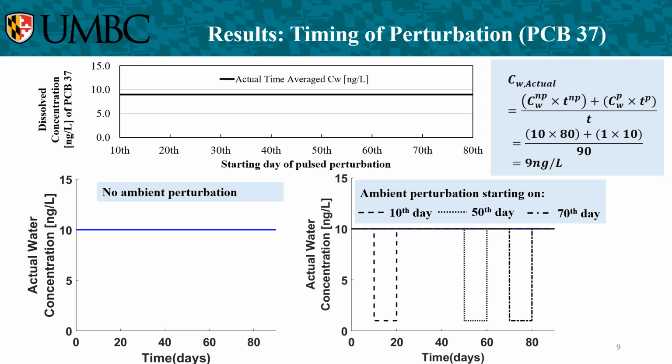Since the actual time averaged concentration depends on the period of the perturbation lasting, which is 10 out of 90 days, regardless of when the perturbation starts, this concentration stays constant at 9 nanogram per liter.